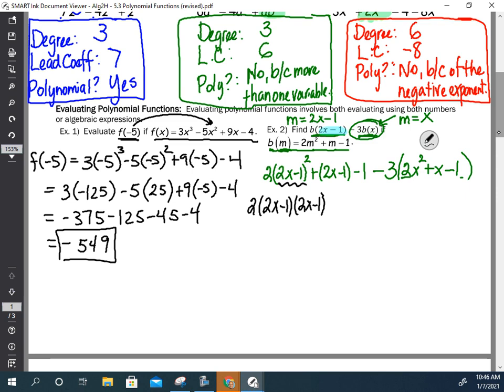That's an algebra 1 mistake. We're in advanced level mathematics. So 2x minus 1 times 2x minus 1, 4x squared minus 4x plus 1. That's simply doing the FOIL and combining like terms.